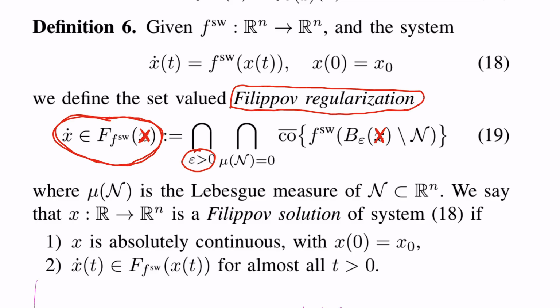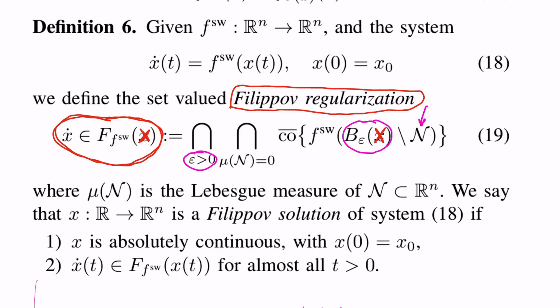Using that epsilon, I compute, actually let me get another color, using the given epsilon I compute the open ball. And I get rid of some points. Why would I get rid of them? It doesn't say it here, but those are the points that are on the boundary and something, right?